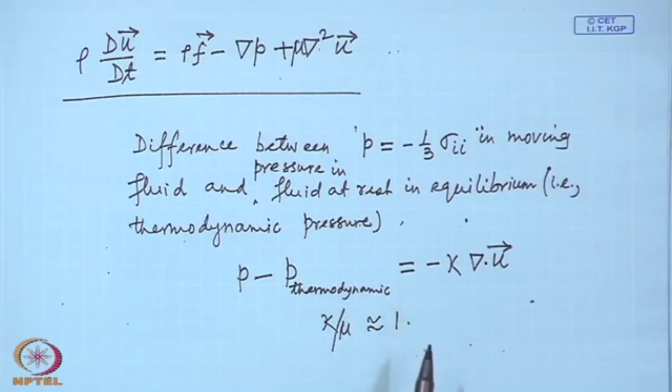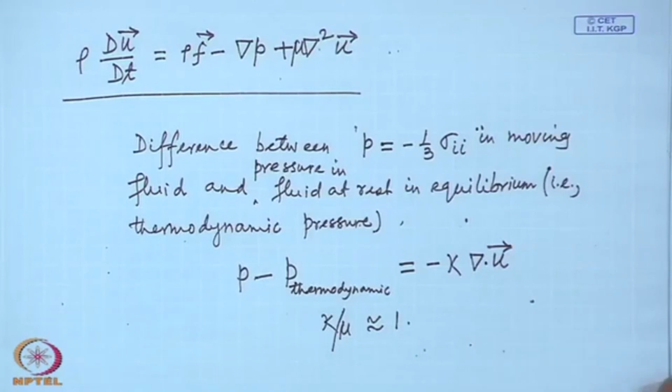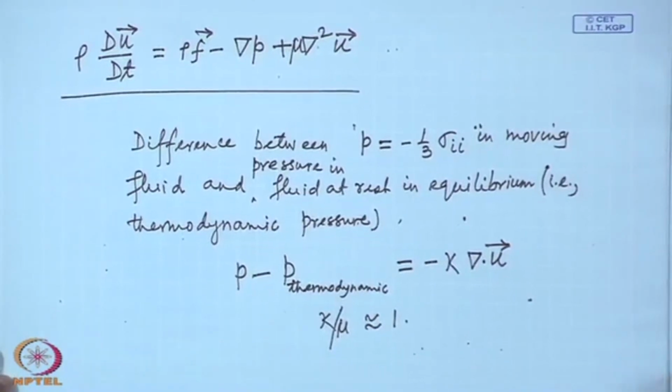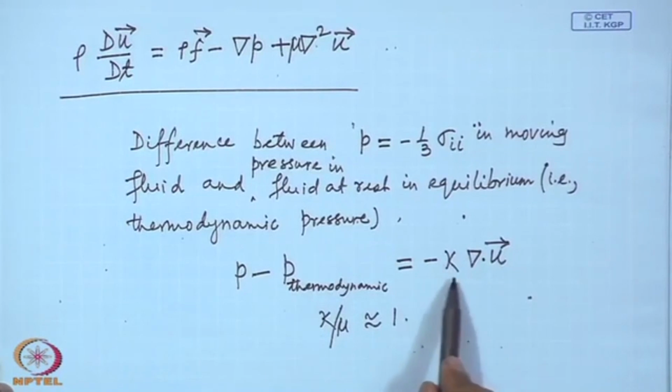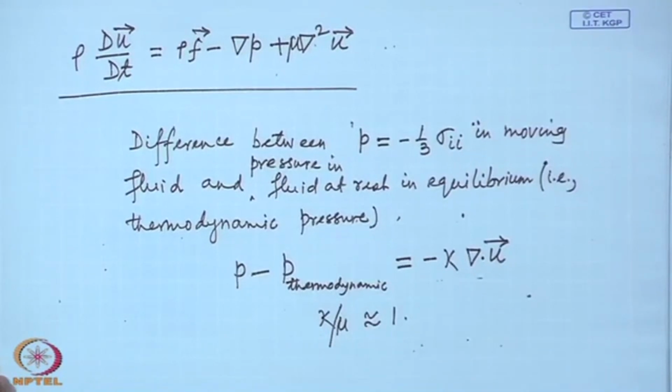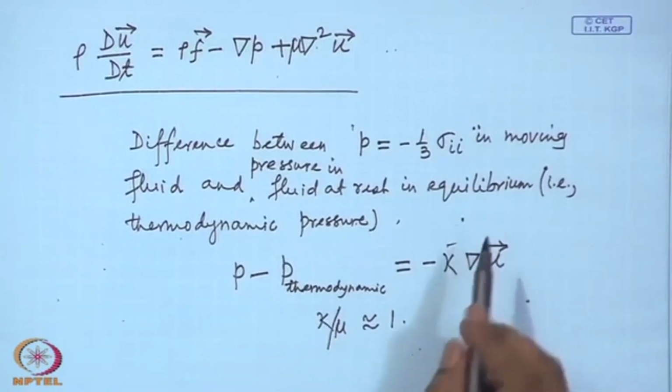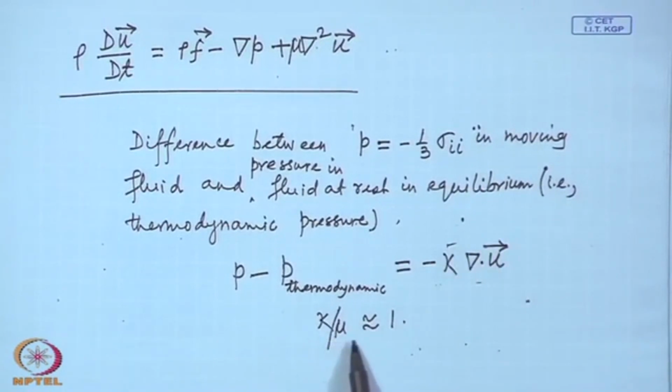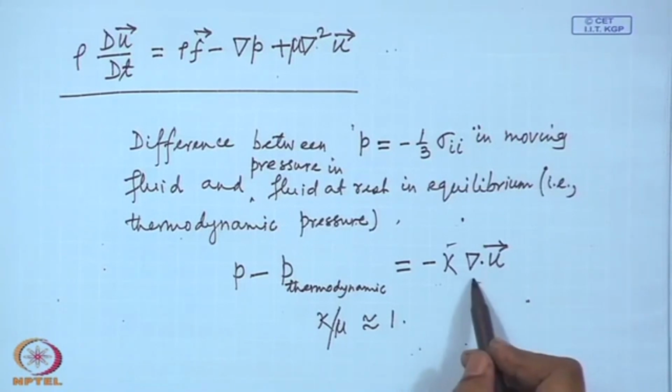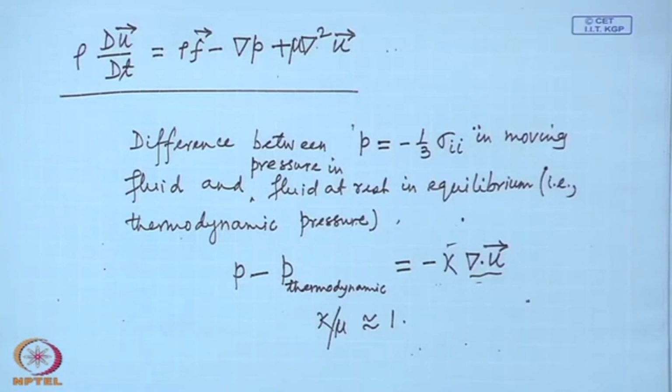The derivation is to some extent similar to the way we derived the deviatoric stress tensor, considering an isotropic fluid and all those things we did last time. In a similar manner this also can be derived, but we will exclude that from here. The magnitude is given by this, where this coefficient is equal or very close to the coefficient of viscosity, and divergence of u is the rate of expansion or dilatation.